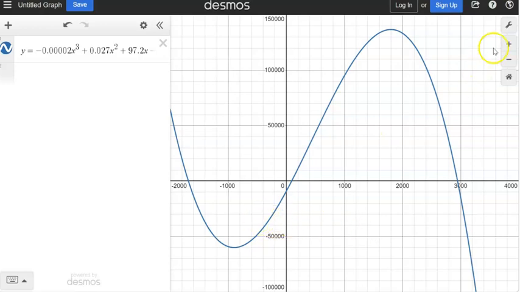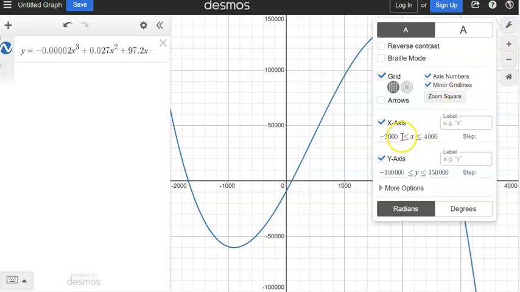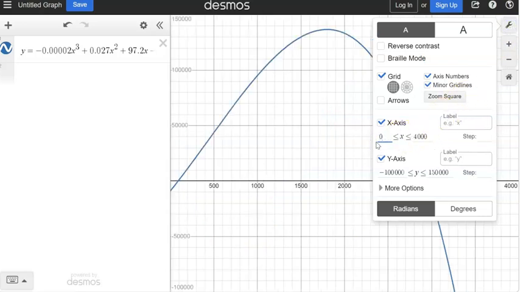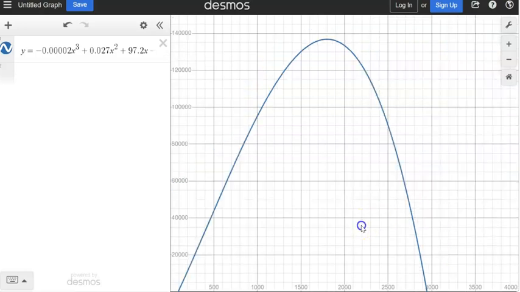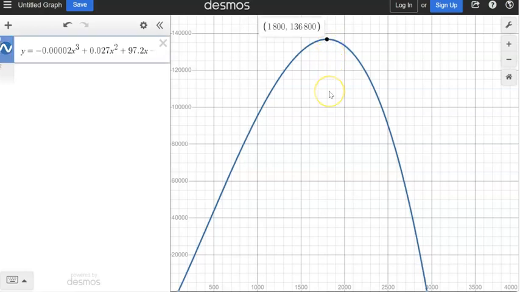So we change the scale for x to go from 0 to 4000, and for y, from 0 to 150,000. Therefore we end up with this particular function. To get the maximum profit, we look right at the maximum point.